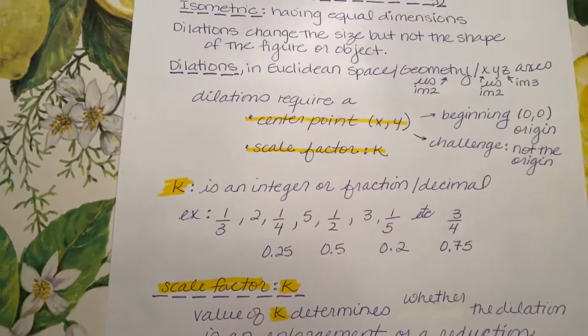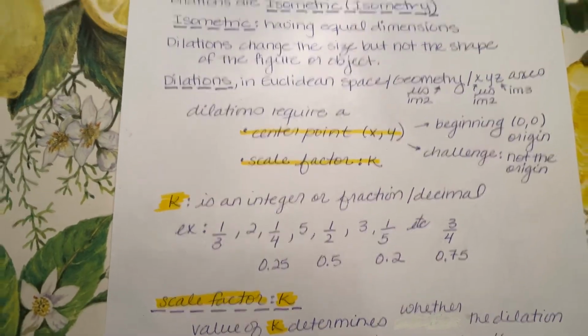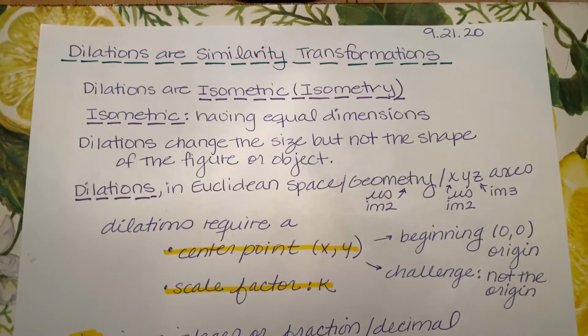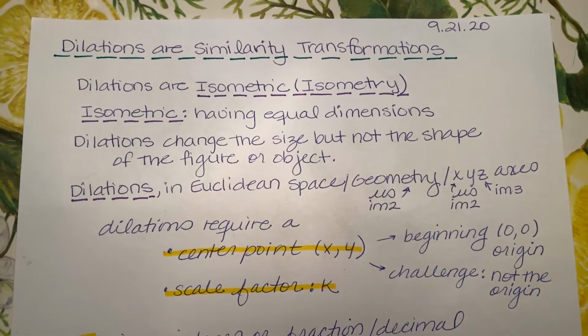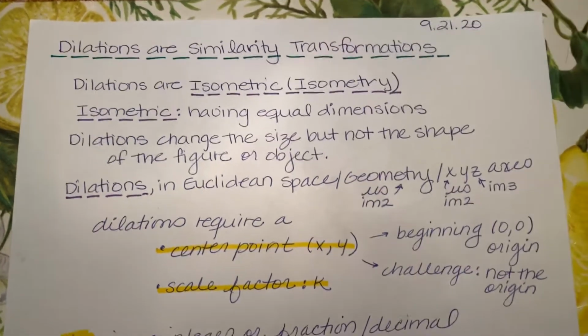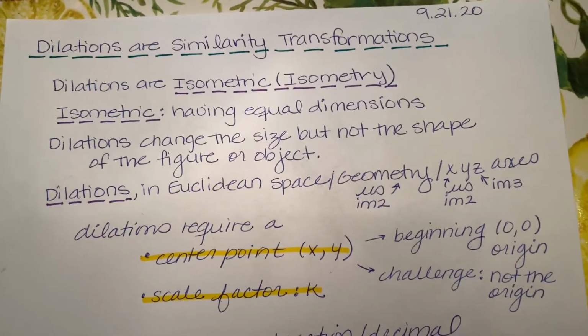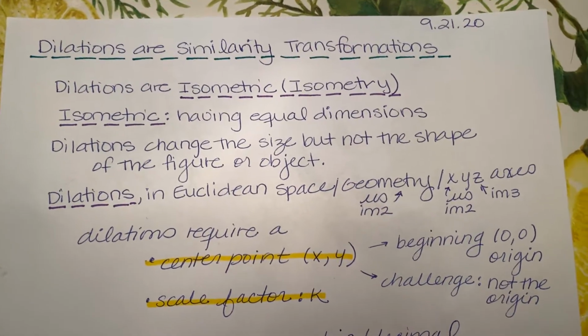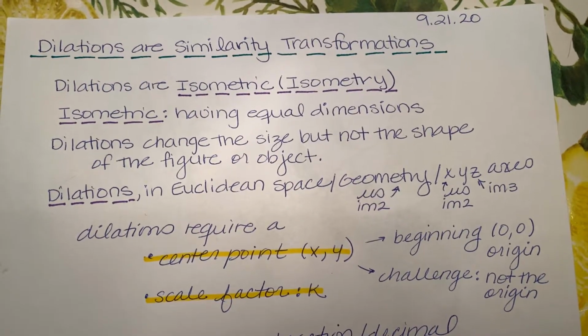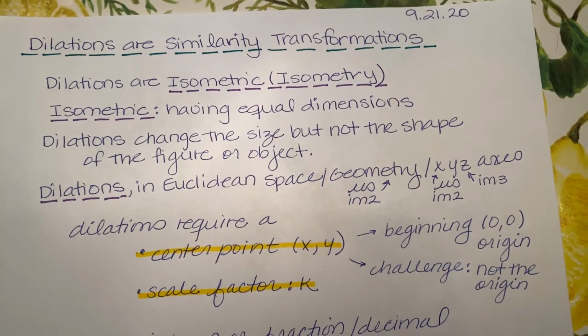Let's dive in. Okay, dilations are similarity transformations. Dilations are not isometries. Isometric means they have equal dimensions.